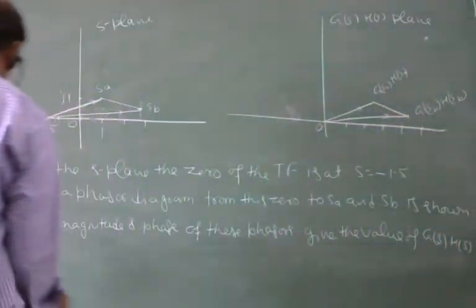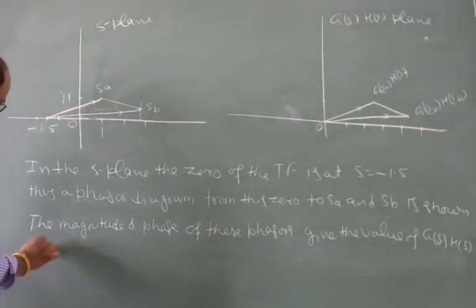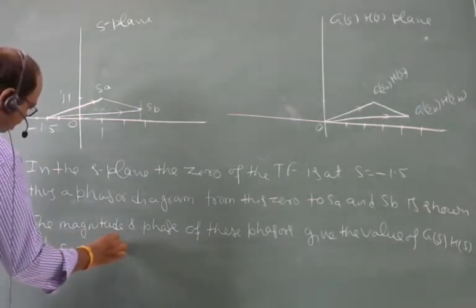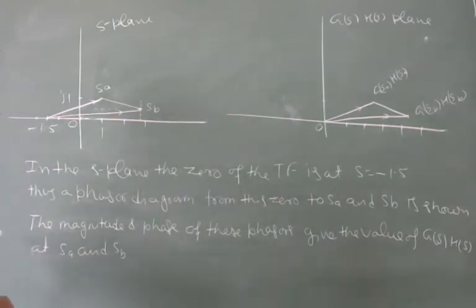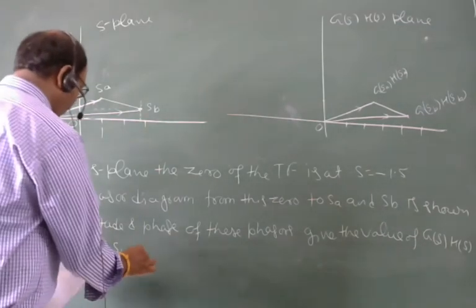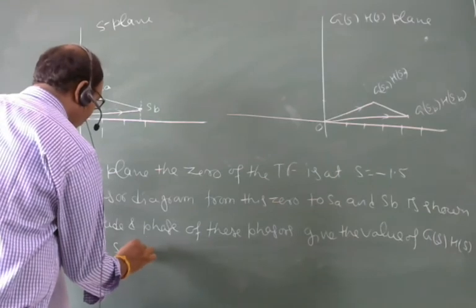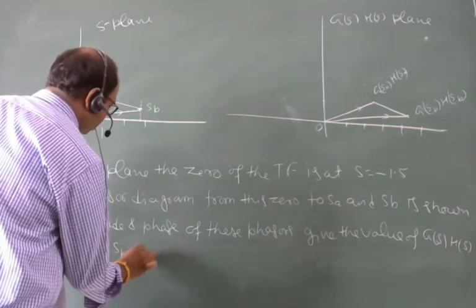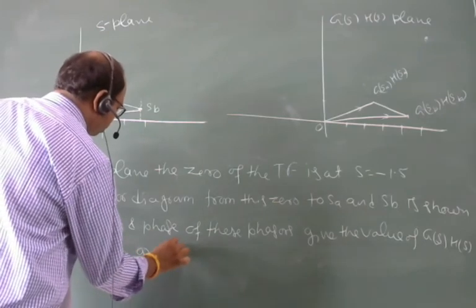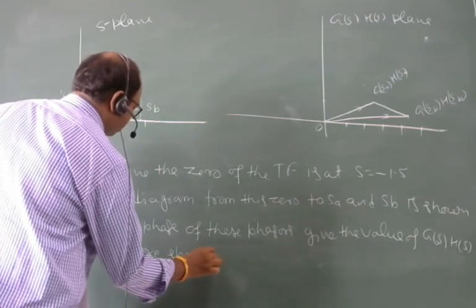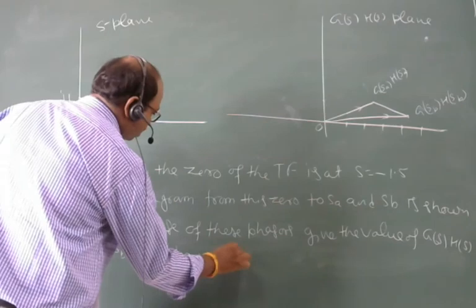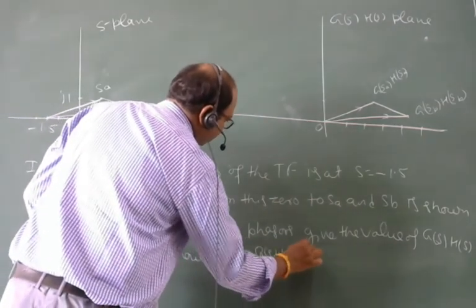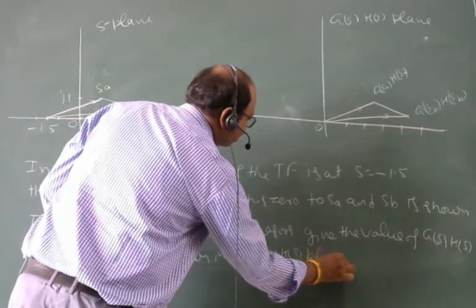At SA and SB, the values are shown in the GSHS plane.